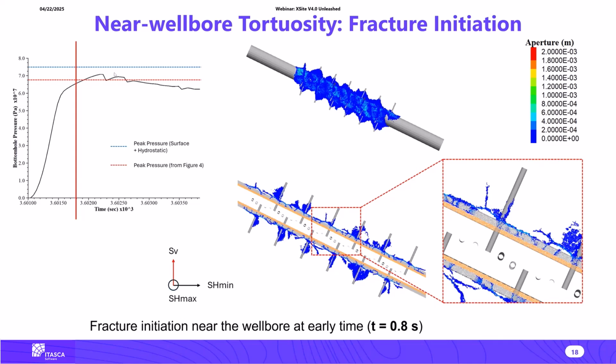In one case, assuming friction in the borehole, and in the other case, just assuming the hydrostatic pressure. The black line is the model result, and we see that the breakdown pressure falls between those two lines of the breakdown pressure estimated from the surface pressure.